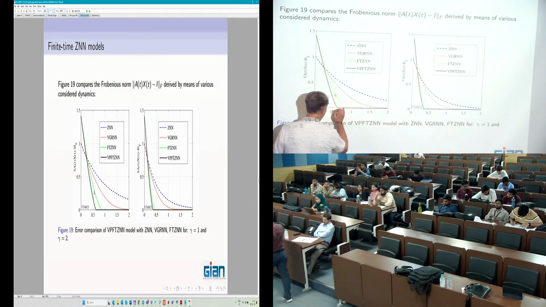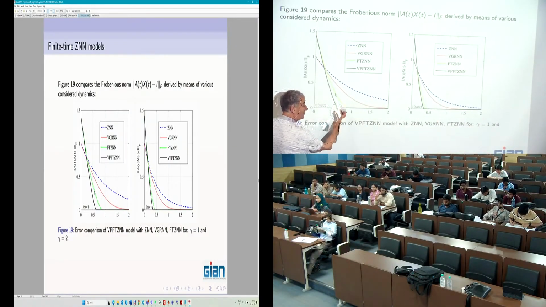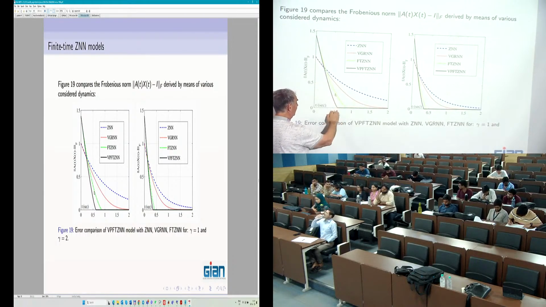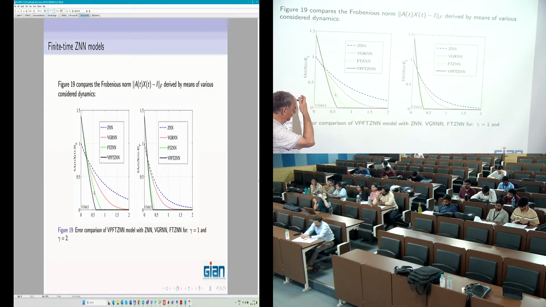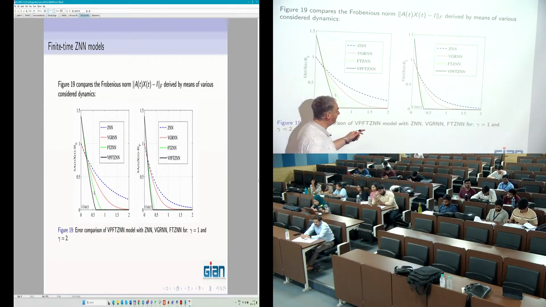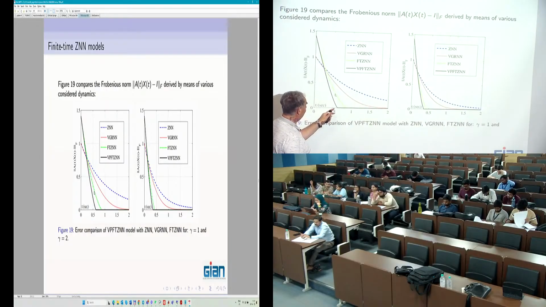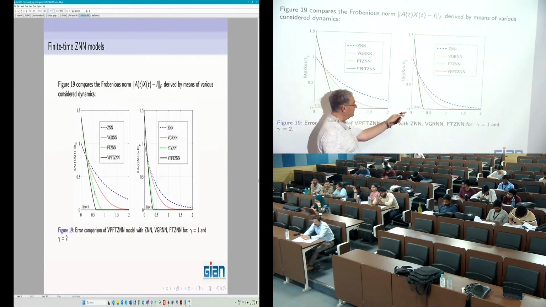Here the black graph is visible, quickly, immediately after 0.5 goes to 0. In the case gamma equal 2, we found faster convergence. VP FT ZNN obtains 0 before 0.5.